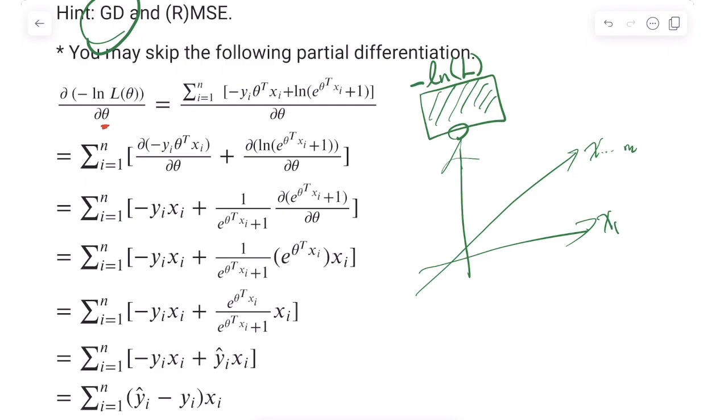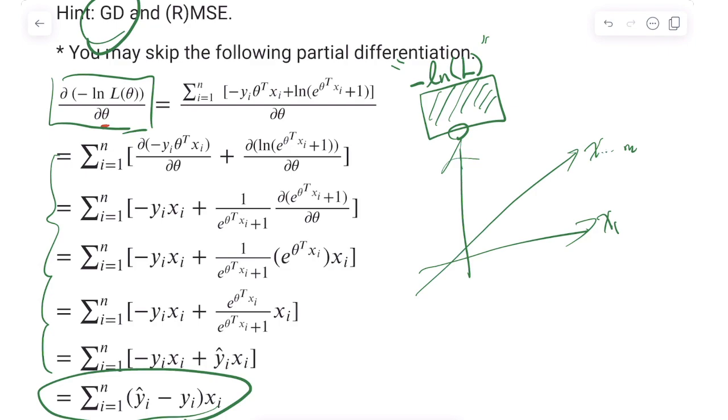We can still draw the figure like this, and we can still apply partial differentiation in different features x1 to xm, and use gradient descent to find the smallest value. So again, we can do partial differentiation, and so on, and the result will be like this.